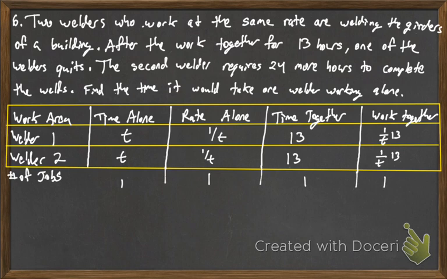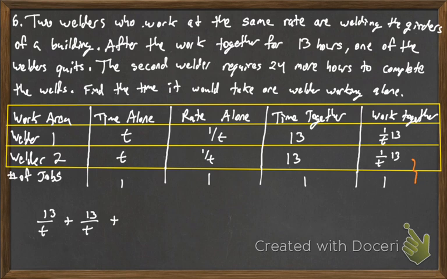And that's not going to quite be one job, okay? So this is a little bit suspect here. And so we have to make a slight modification here. So we're going to still pretty much do the same thing. So there's the 13 over T and then the 13 over T. So that's welder 1, welder 2 working together.